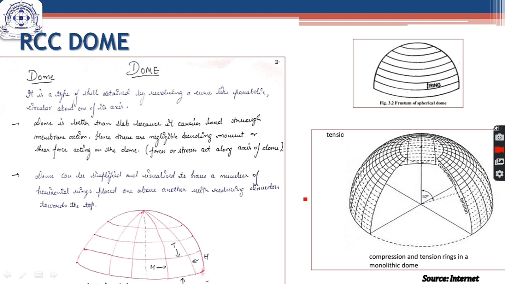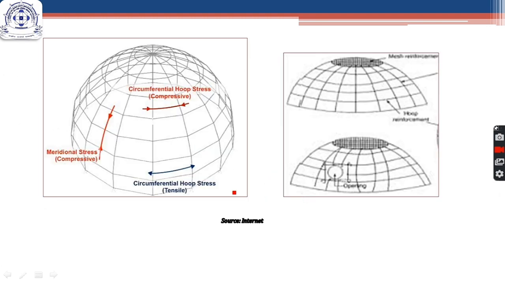The truss is acted upon only by tensile and compressive forces. Similarly, the dome is acted upon by two forces or stresses, that is the circumferential or hoop forces and the meridional forces. So what are these forces?